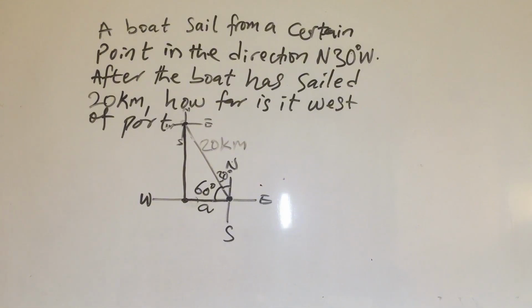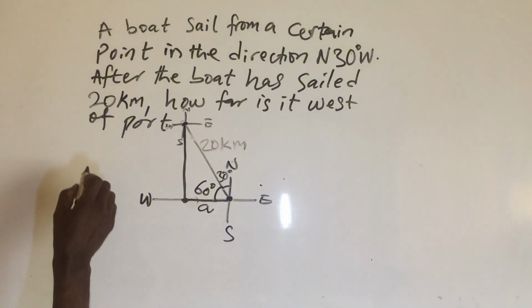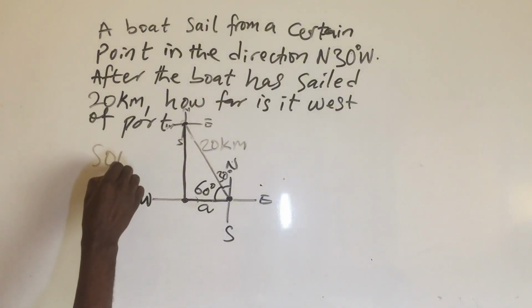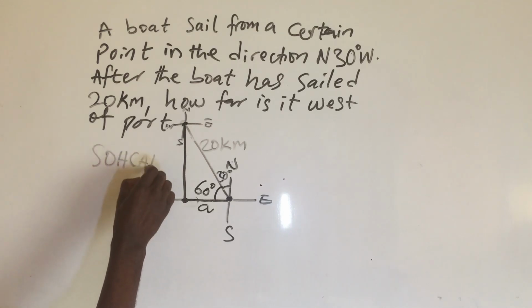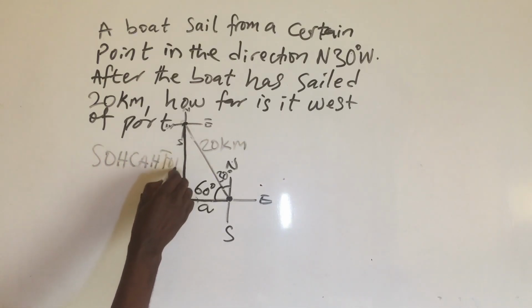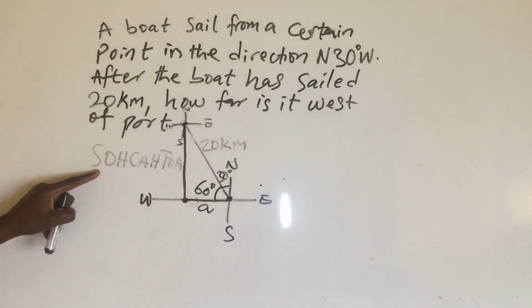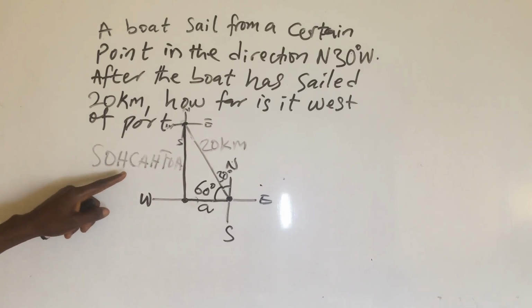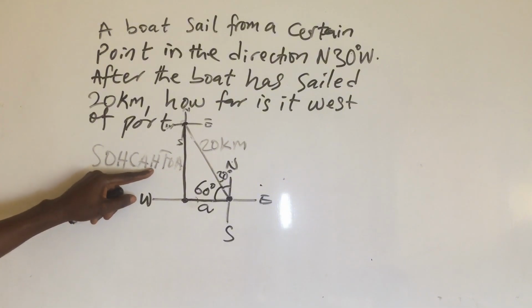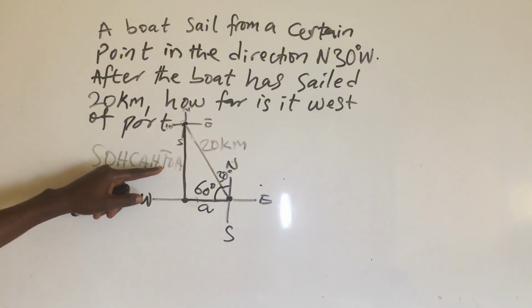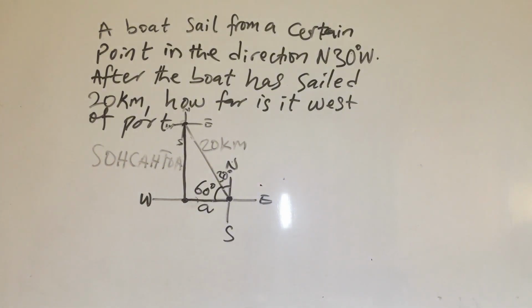Now, from trigonometric ratio, I told you there is something called SOHCAHTOA. This SOHCAHTOA represents sine theta equals opposite over hypotenuse, or cos theta equals adjacent over hypotenuse, or tan theta equals opposite over adjacent.